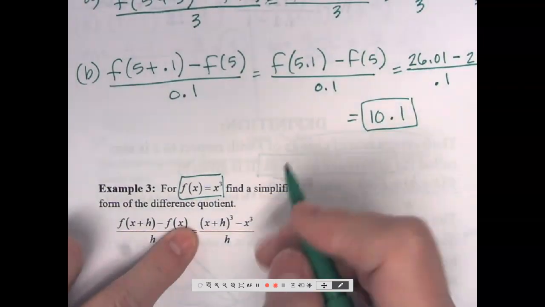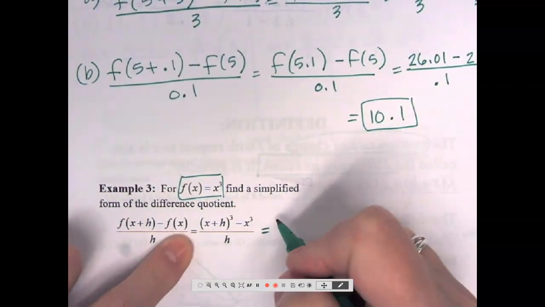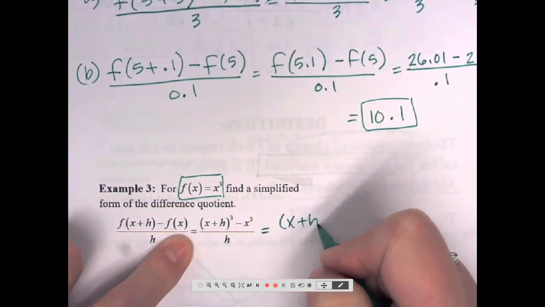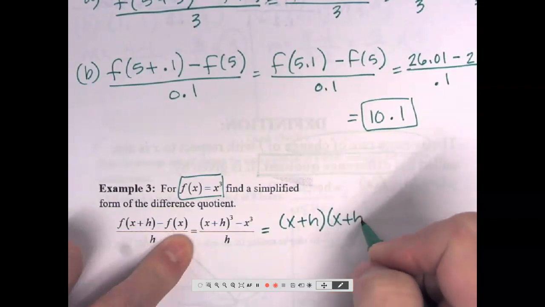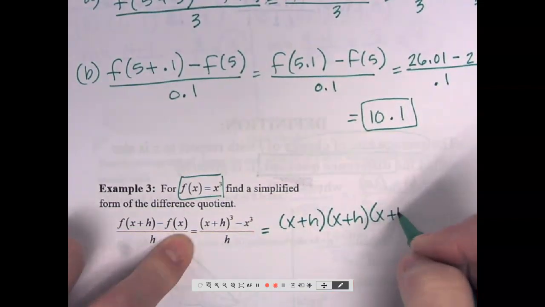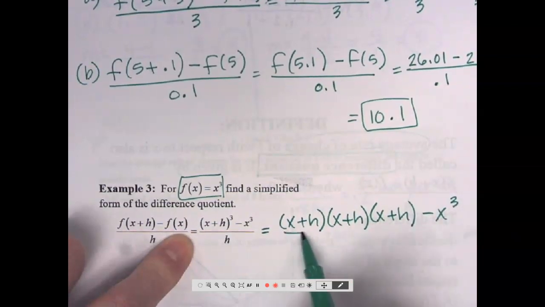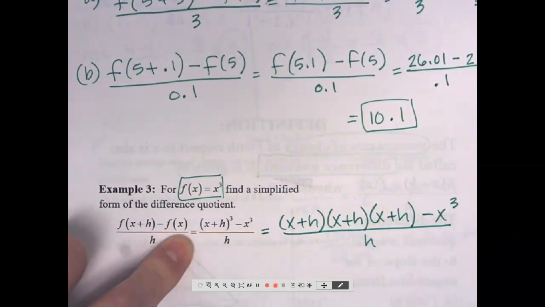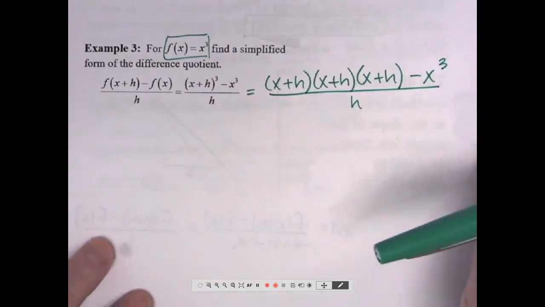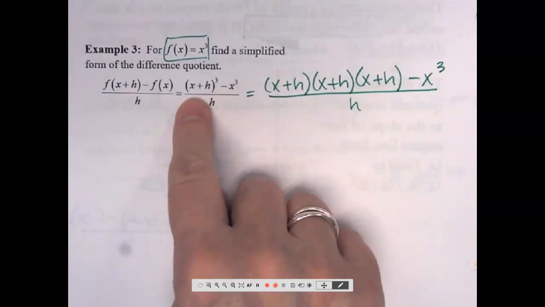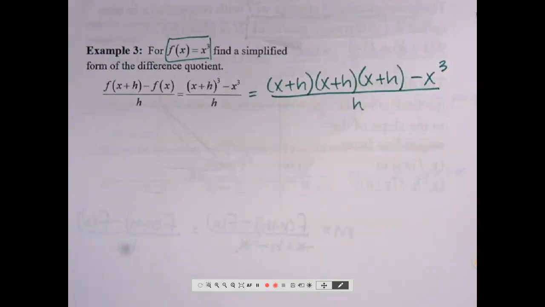Okay, what does x plus h cubed mean? It means we are multiplying 3 of these boogers. Then we're subtracting x cubed, and then we're going to divide it all by h. X plus h cubed means multiply 3 of them. How do I multiply 3? Well, I start with 2 of them.